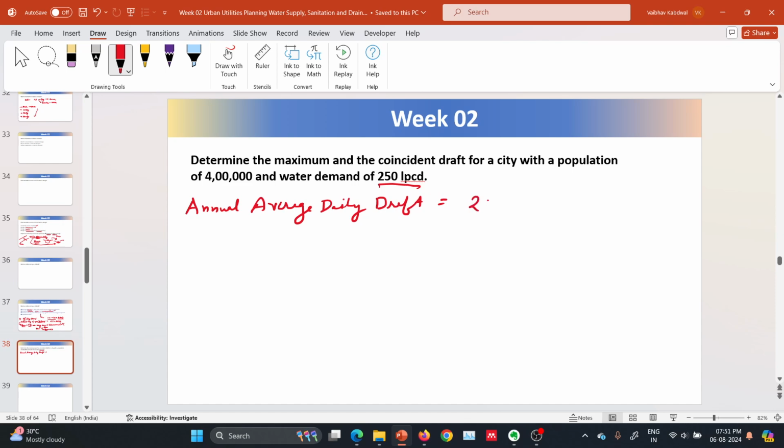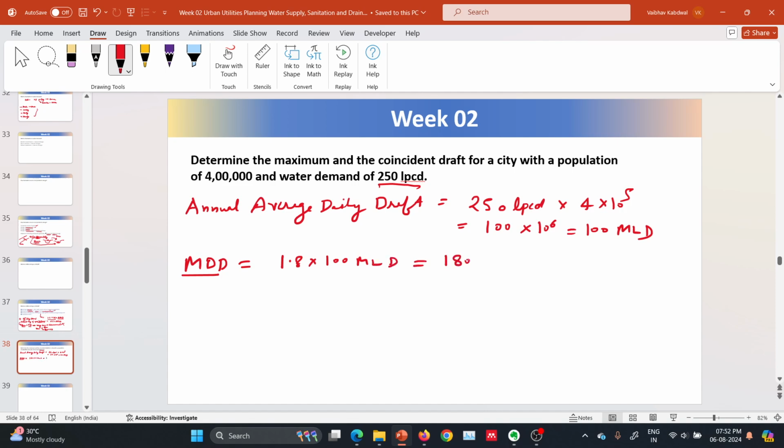So annual average is population times average LPCD into 10 to the power -6. If you solve it, it will come out as 100 into 10 to the power 6, which is 100 mLD. Now we need to find the maximum daily draft, MDD. It will be 1.8 times 100 mLD, so it will be 180 mLD.